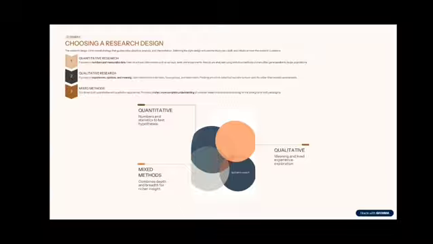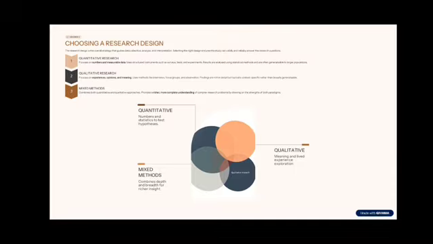First, quantitative research. This type focuses on numbers and measurable data. It uses tools like surveys, experiments and tests. Second, qualitative research. This focuses on understanding experience, opinion and meaning.